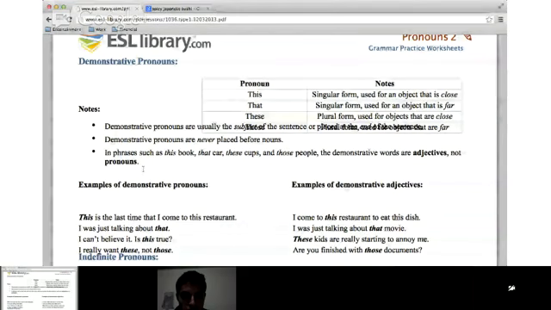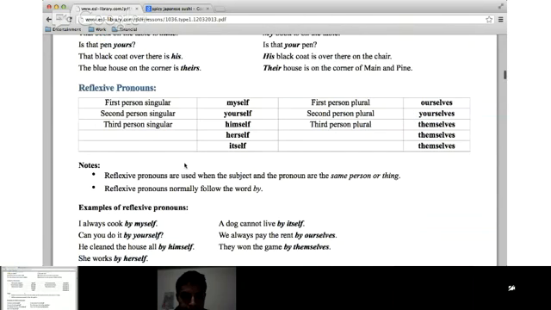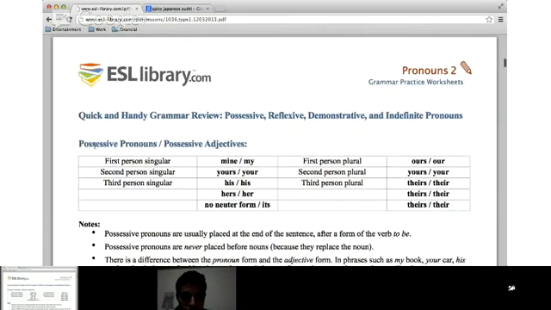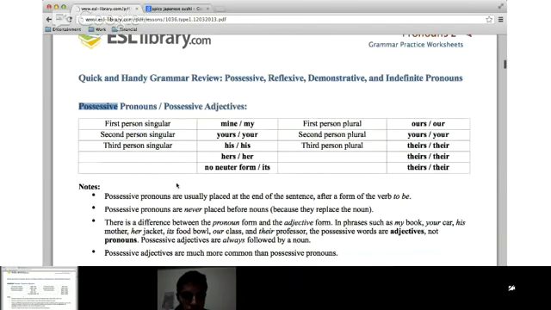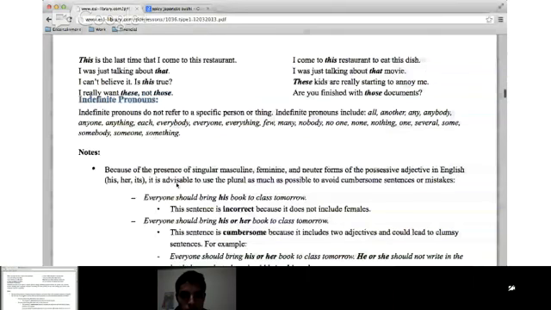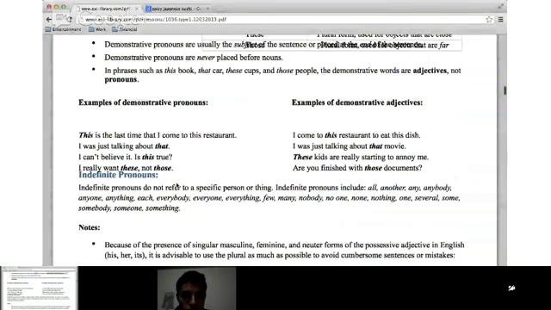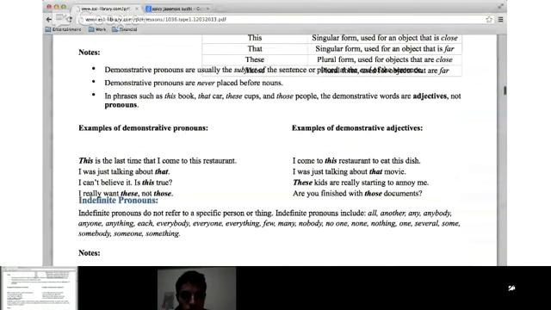Okay, great. So this follows the same principle as our possessive pronouns. If a noun follows our demonstrative pronoun, it then becomes a demonstrative adjective.